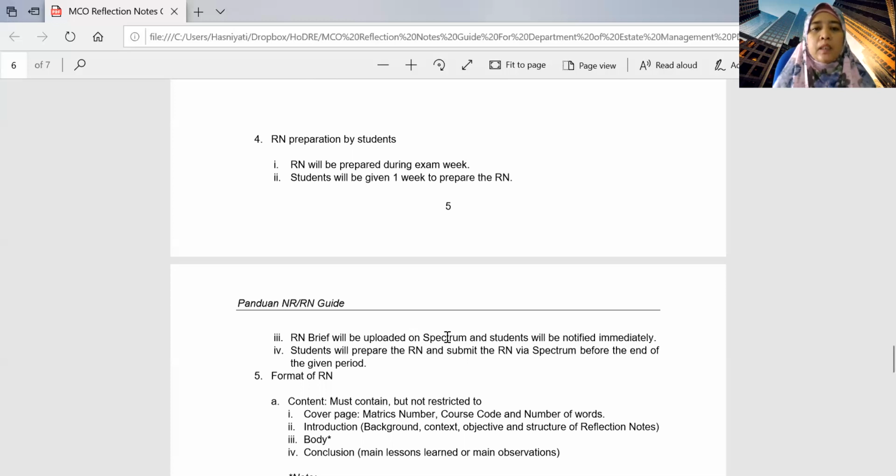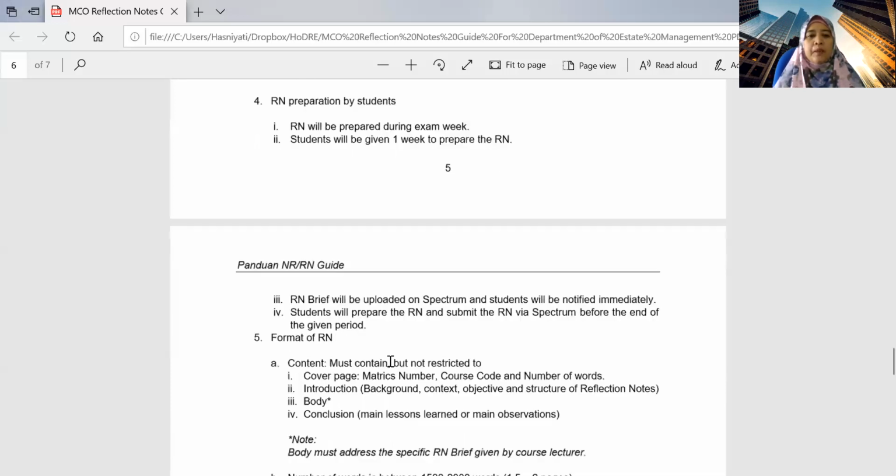This will happen during the exam week. The exam week will start from 29th of June until 12th of July, so it's any time after 29 June. Students will prepare the reflection notes and submit them via Spectrum before the end of the given period.